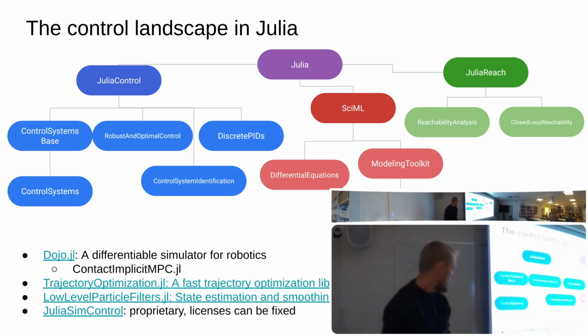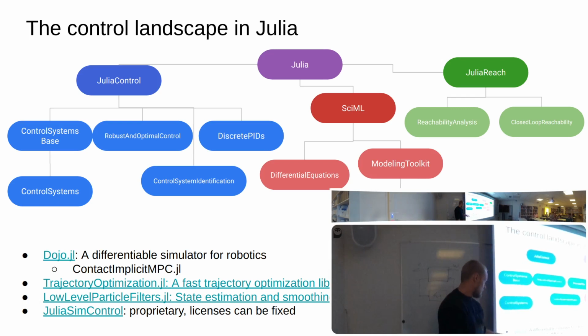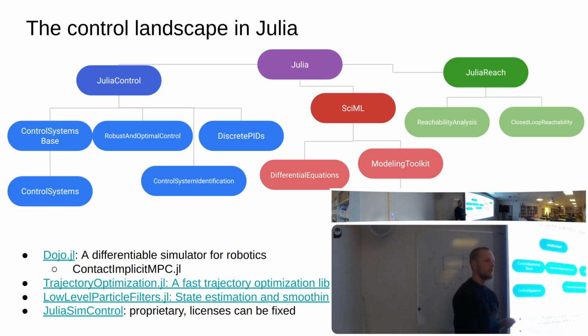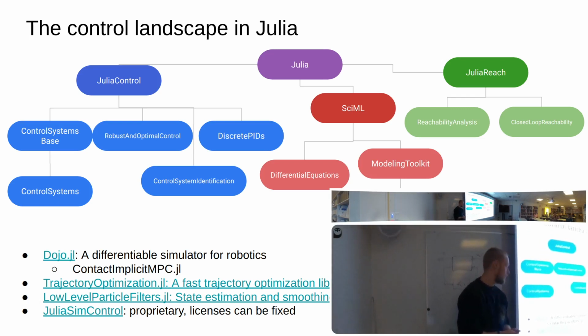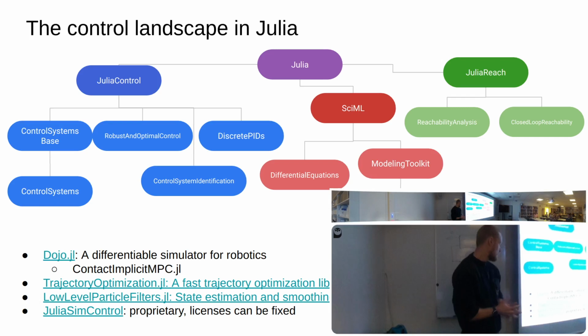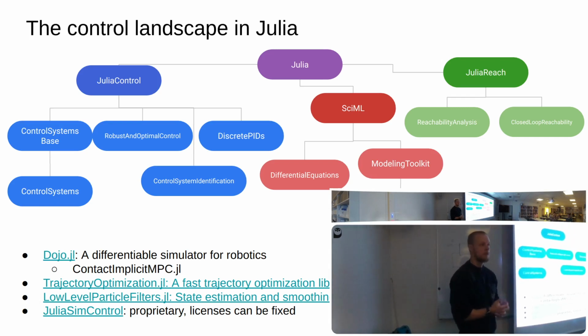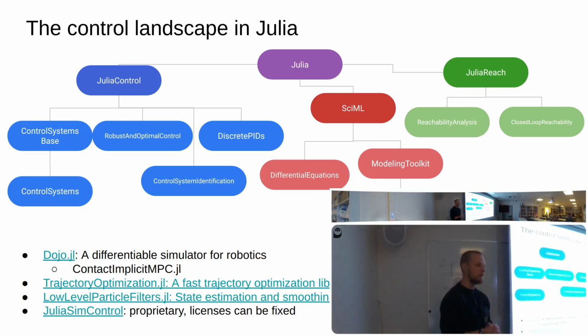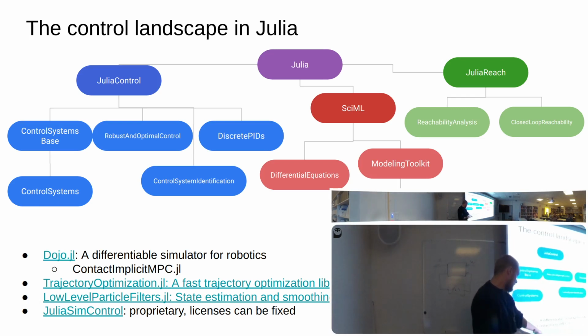I also list a few others here. There is an ecosystem of differentiable simulators for robotics, the main package is called Dojo, but there are several other packages underneath there. There are lots of packages for optimal control. So one of them is trajectory optimization, which is quite sophisticated and is seeing a lot of attention by a group. I think they are at Stanford Robotics. I might be wrong though. We have some state estimation library.